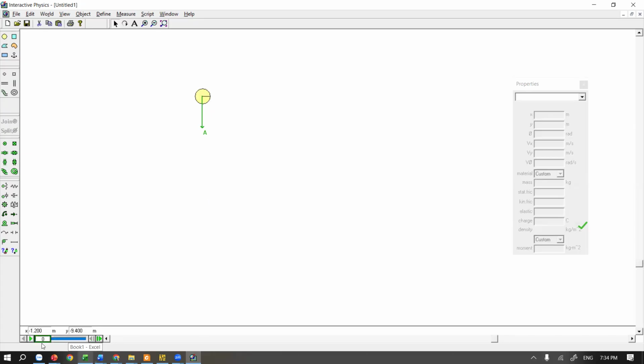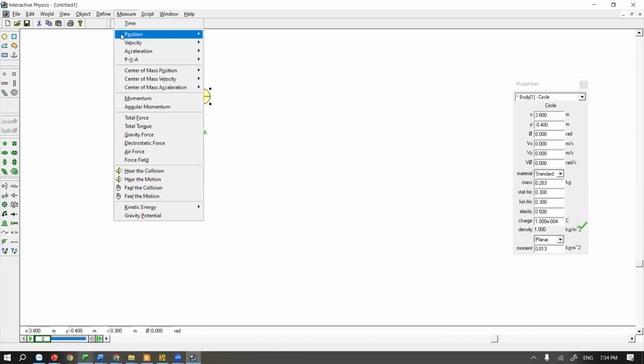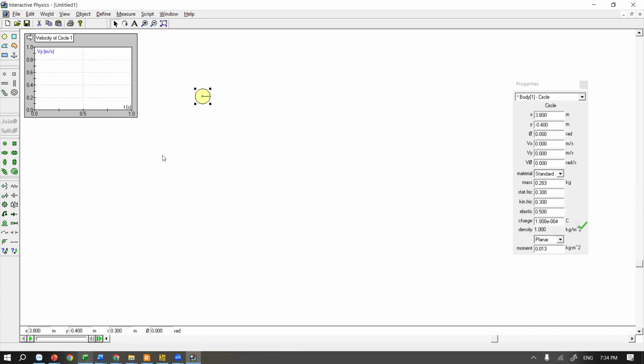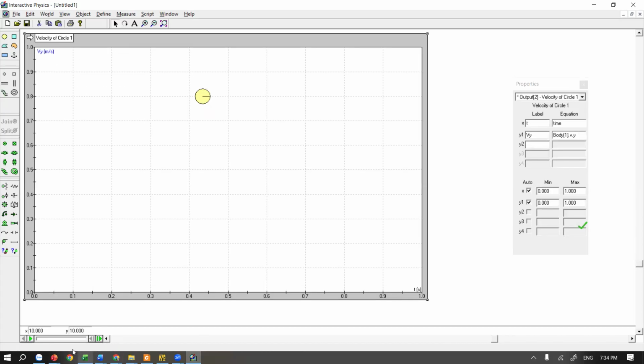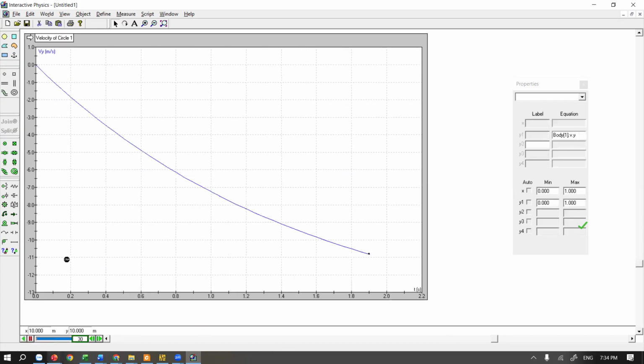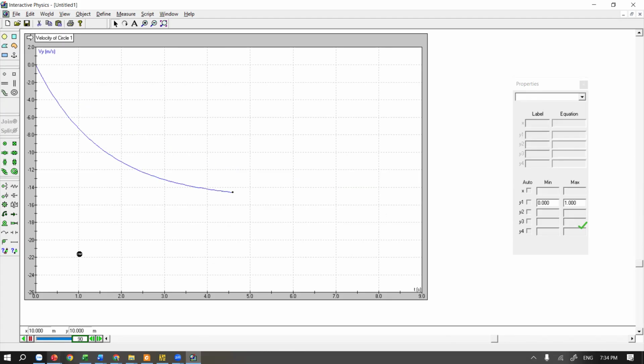So you can ask, how is the velocity or speed of the object? Then we can measure that velocity with a graph. Then you can see the graph will be this. For our object here, the terminal speed is about 15, a little bit more than 15 meters per second.